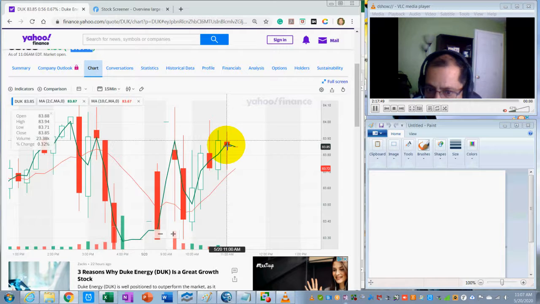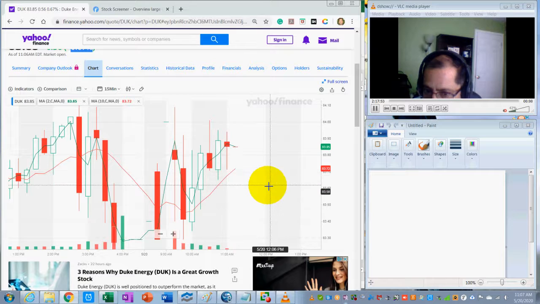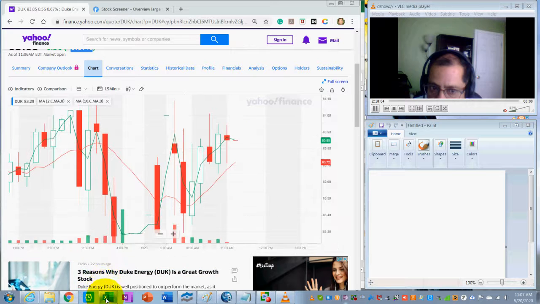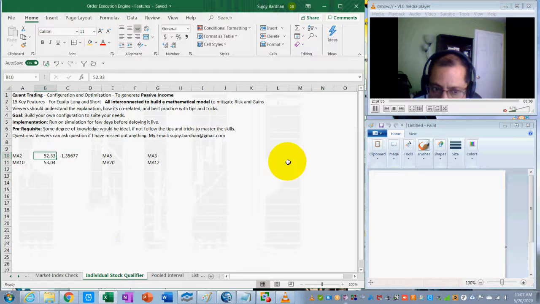So that means it is still not giving a clear indication that it is going to go further south compared to the previous one. So if you plot the number, here, the fast, which is 83.85 and 83.72. So you see that 83.85 and 83.72. You see the differential is still very positive.